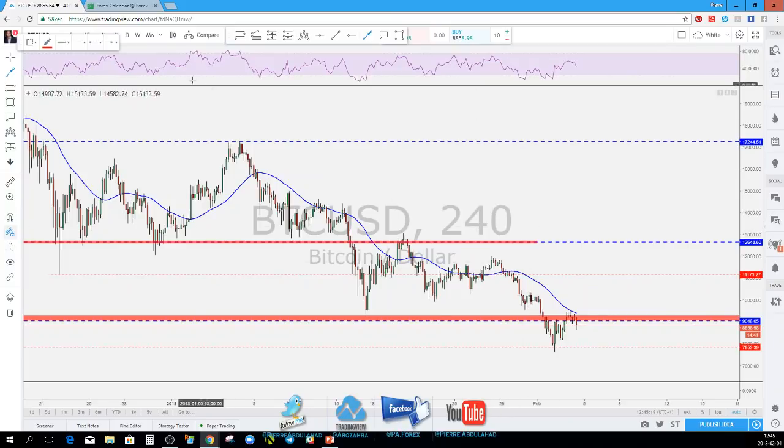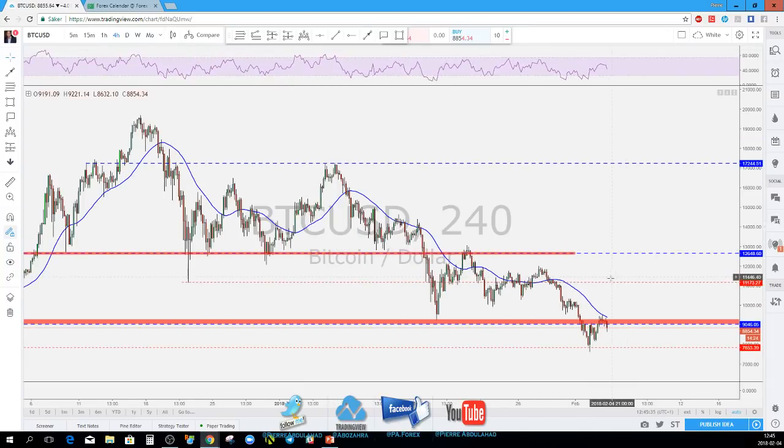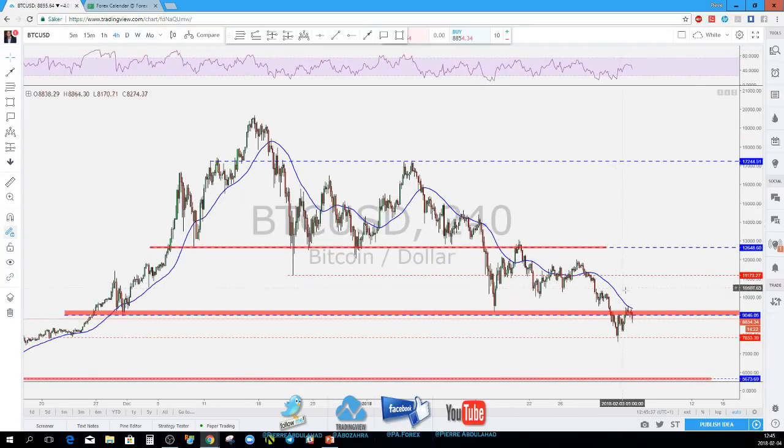If Bitcoin holds back above, you want to see this high got broken, retest, and then a continuation higher is possible. I think it is a market in fear right now, and that we may keep going lower.